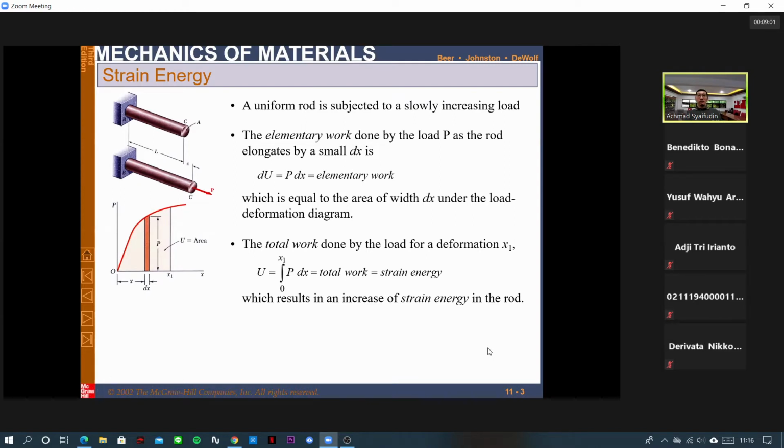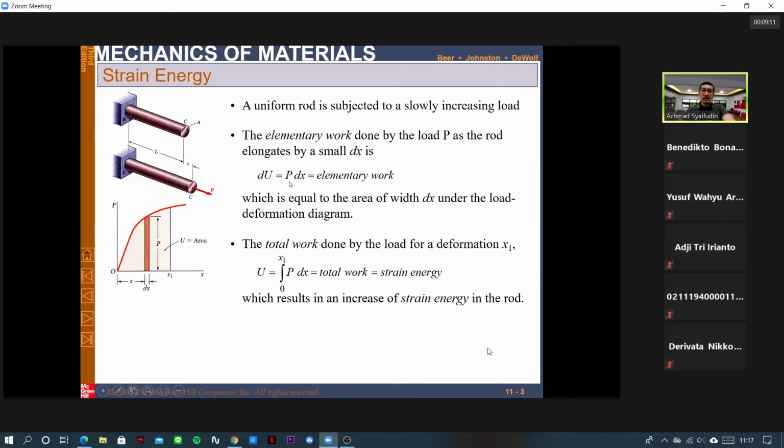If I have a rod, a circular member, and this rod has axial loads, as you can see in the figure, it will create a very small elongation, and it will fulfill the formulation: differential of work equal to complementary work.